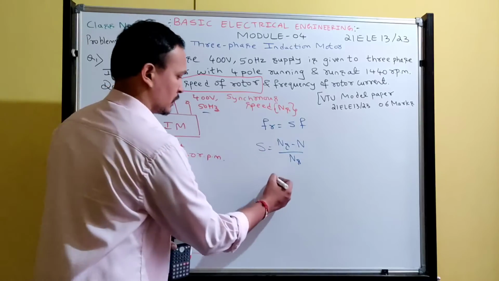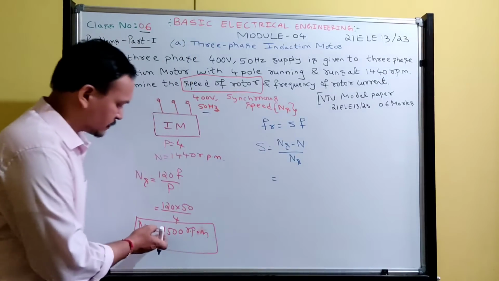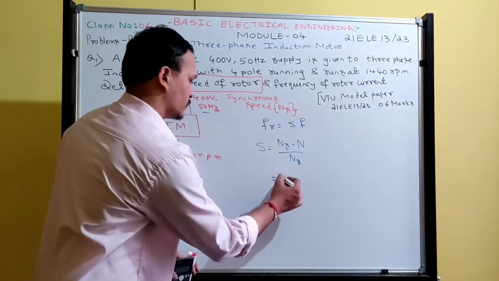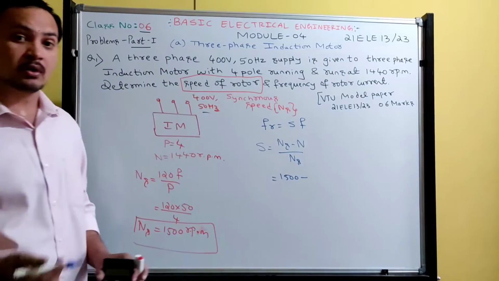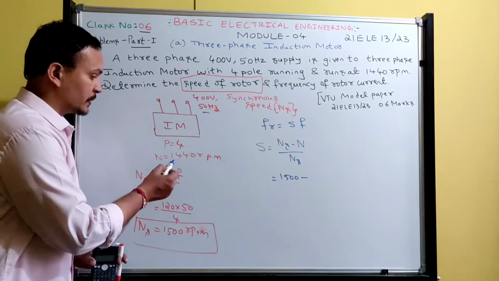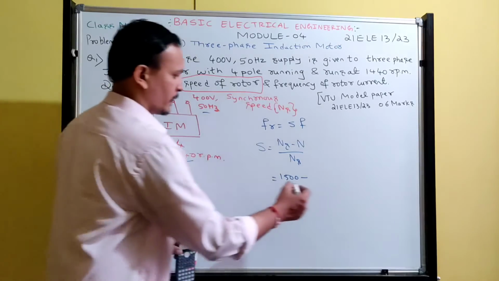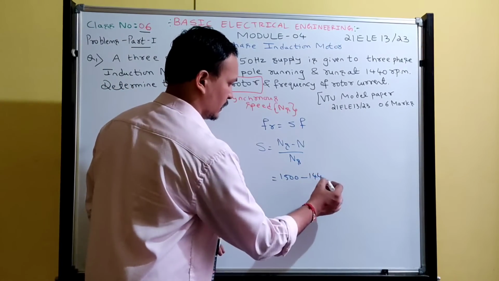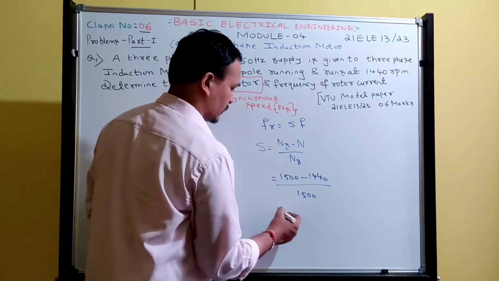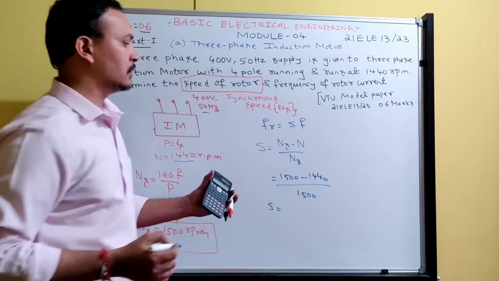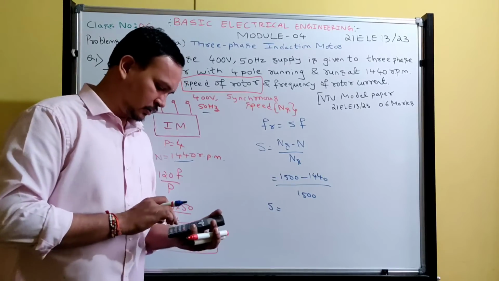So let me calculate this. What is Ns? 1500. So Ns is 1500 minus the speed of the rotor. The motor runs at what speed? 1440. So 1440 divided by Ns, which is 1500.